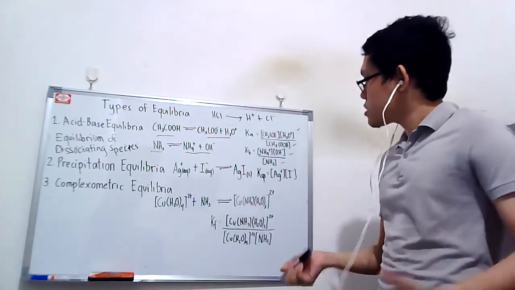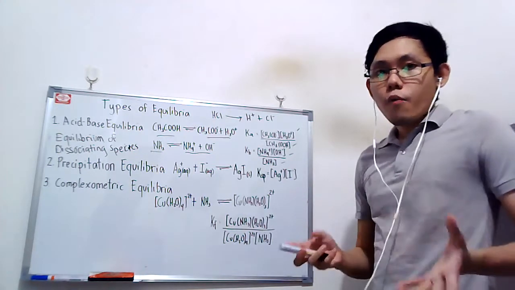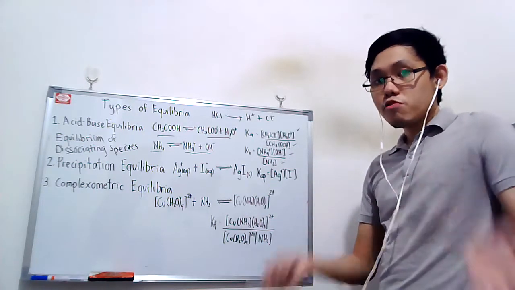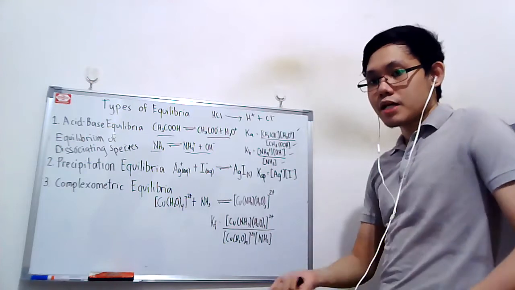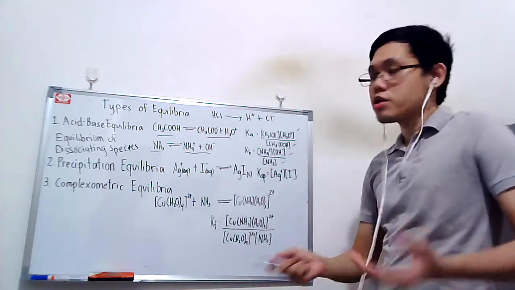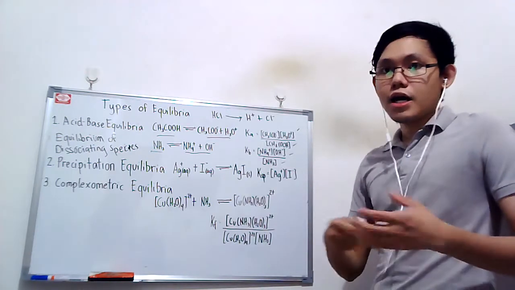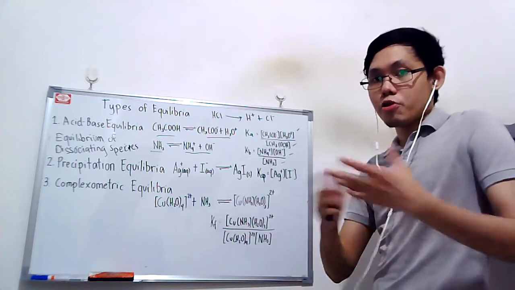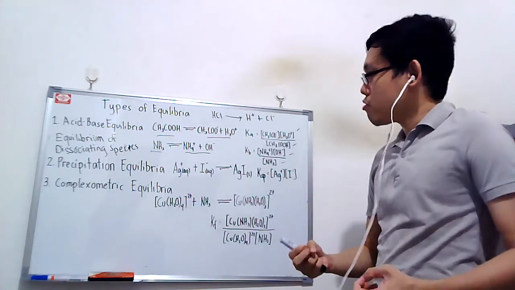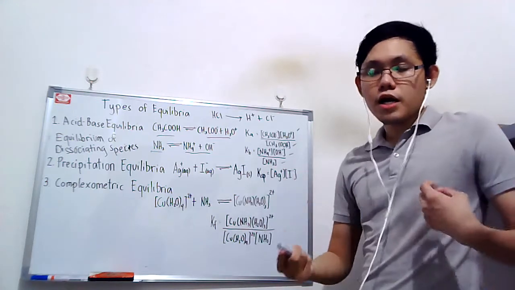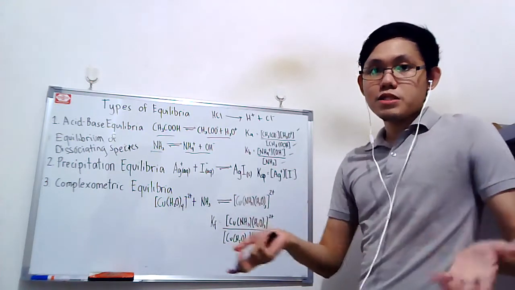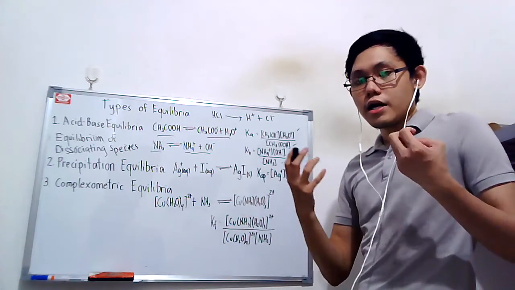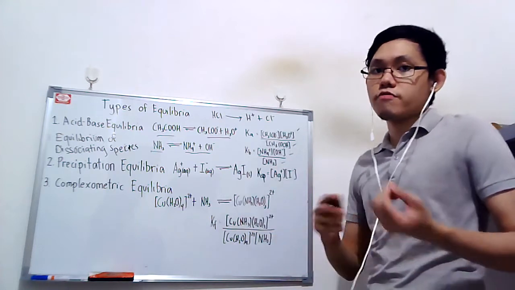So kung papansin nyo, dito sa dissociation, wala kang coefficients kasi it's just the removal or acceptance of a proton kapag nagkakaroon ka ng dissociation, or kapag naman sa base, pagka nag-accept siya ng proton, so protonation. So, if you will remember in your previous chemistry subjects, you have your Bronsted-Lowry, your Lewis, and then your Arrhenius definition of acids and bases.